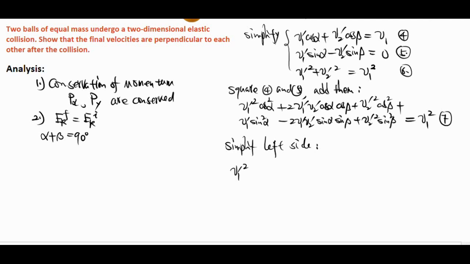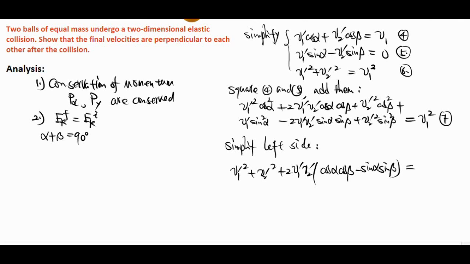The sum of these two terms is just v2 prime square. And these two terms have a common factor, so we factor out v1 prime v2 prime, and then you get cos alpha cos beta minus sine alpha sine beta. So this is the left side, simplified.